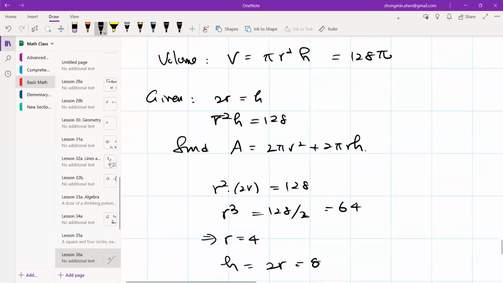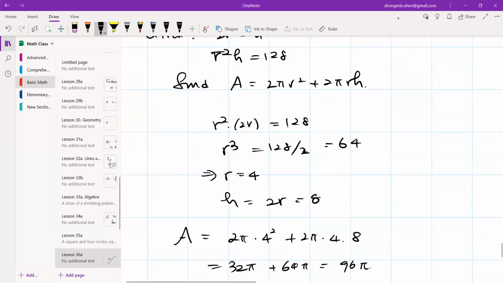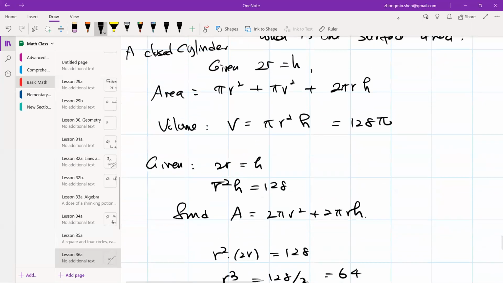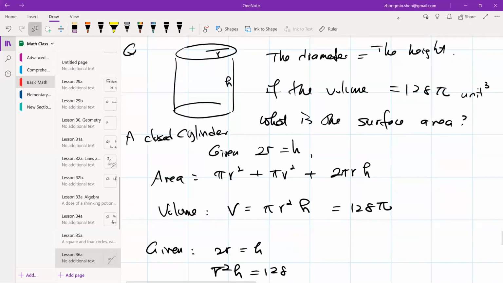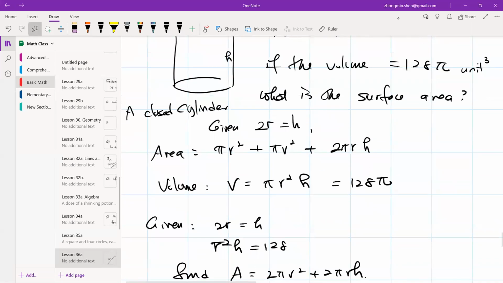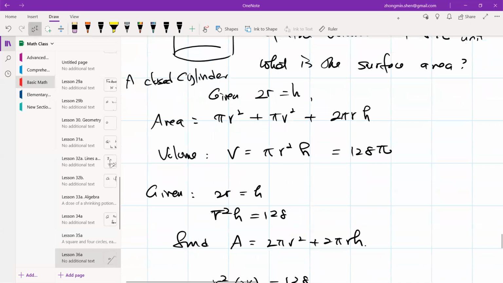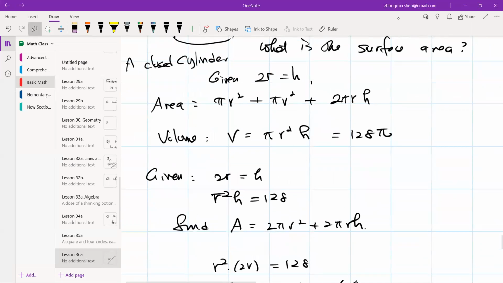So let's quickly look at this problem. It's several steps. You have to list the given information clearly and draw the picture. Then step by step, you can determine the radius and the height based on the information you're given, and then use that to find the area. This is called a two-step problem.